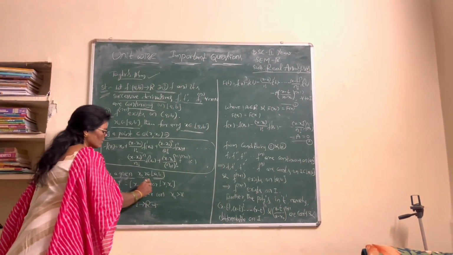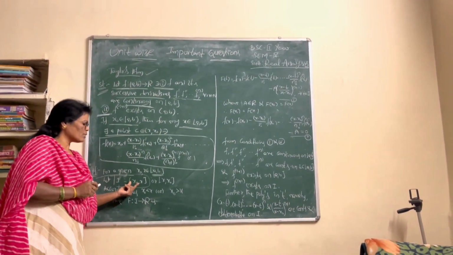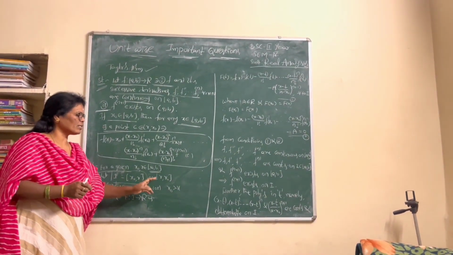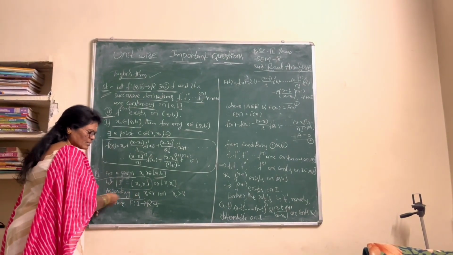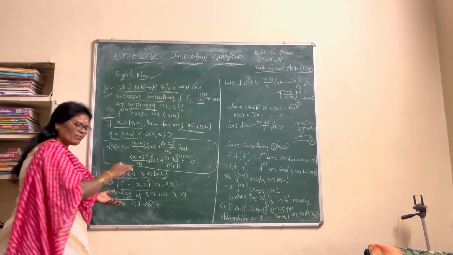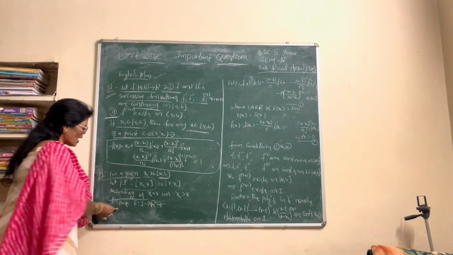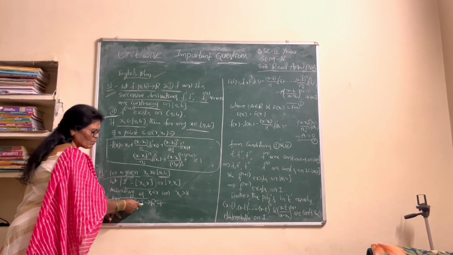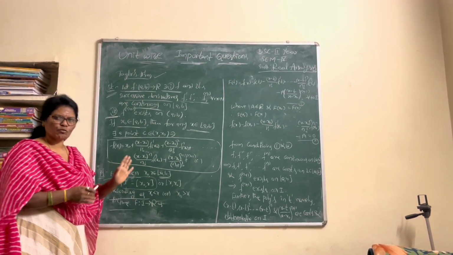Let the interval I be either [x naught, x] or [x, x naught], according as x naught is less than x or x naught is greater than x. We define the function from I to R, where I is a closed interval and R is the set of real numbers.